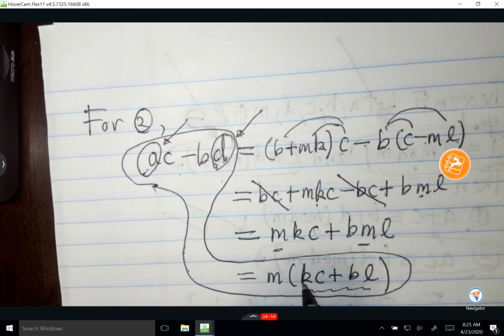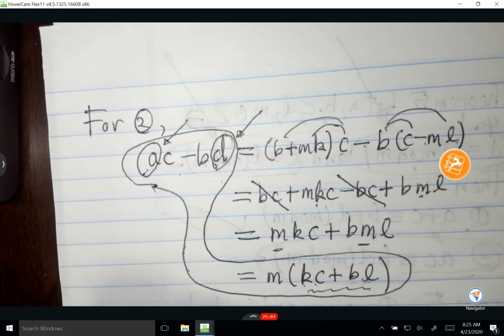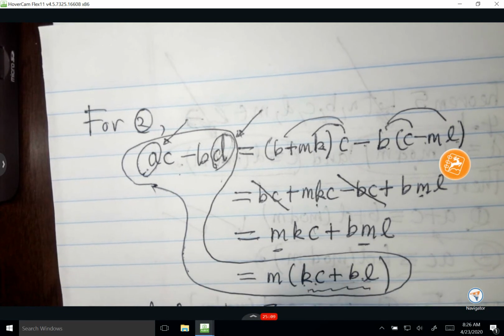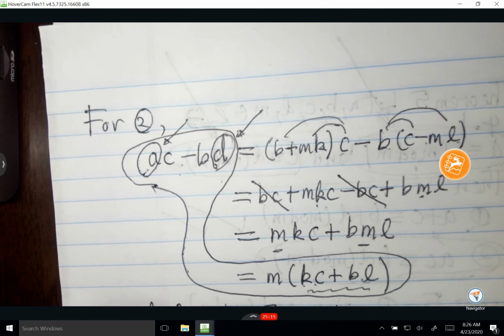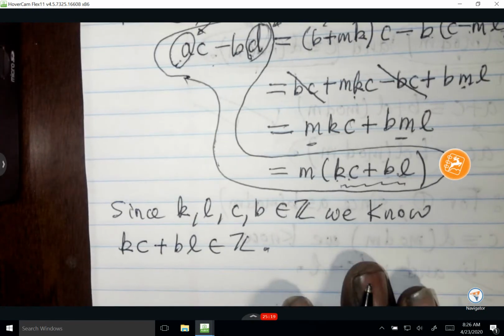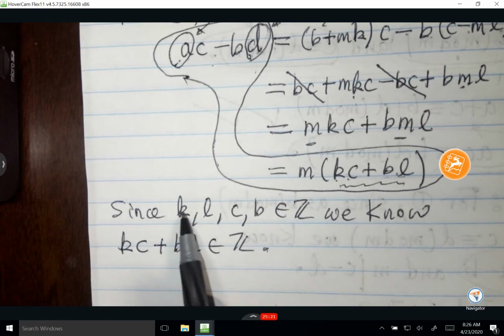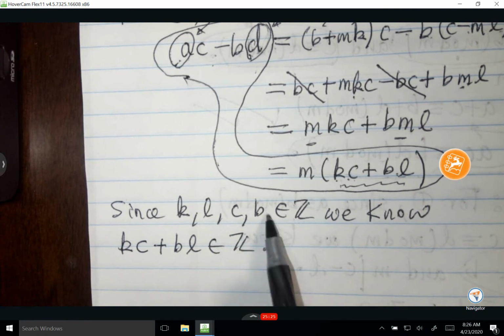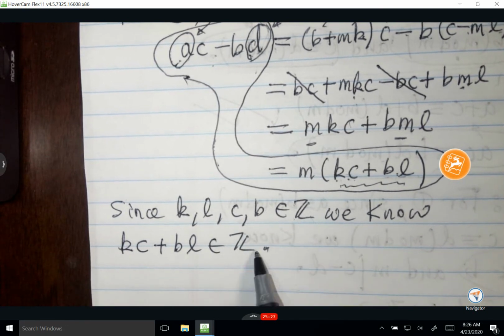And it's an integer since all these were. So since K, L, C, and also B are integers, we know when we multiply and add integers, we get integers. So we know KC plus BL is an integer. Our usual statement: since all four of these are integers, K, L, B, and C, we know their linear combination is.